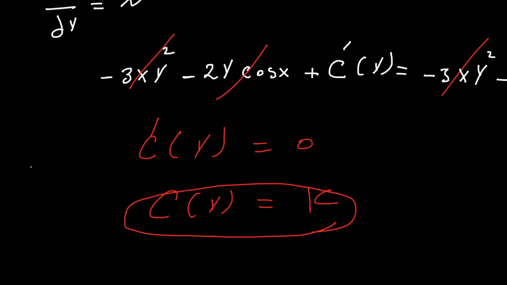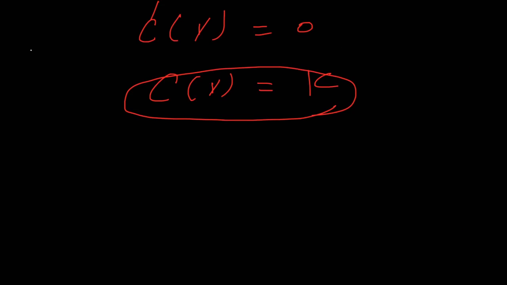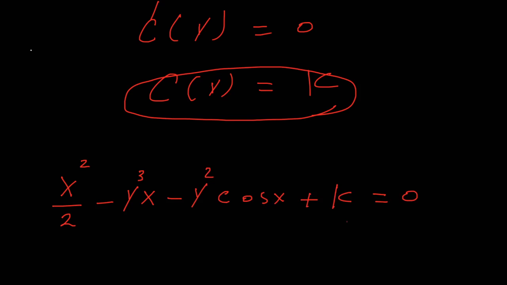So the final answer is going to be what? x squared divided by 2 minus y cubed times x minus y squared cosine x, then plus c, well c is now k, and this equals 0.